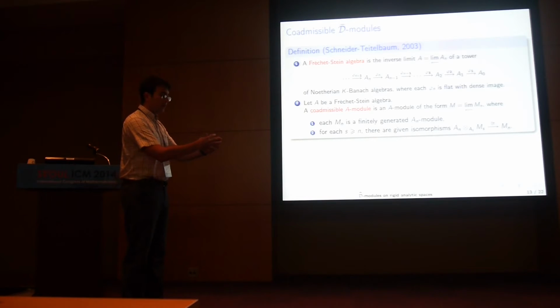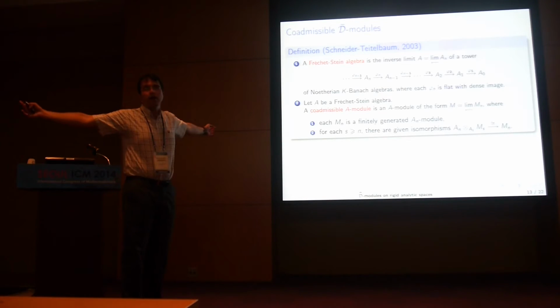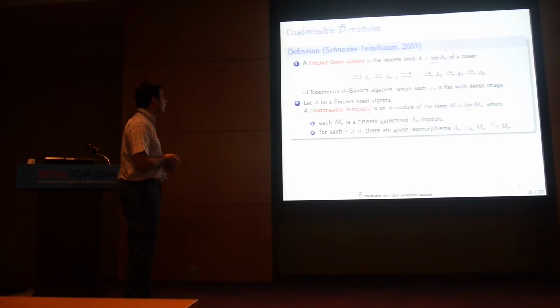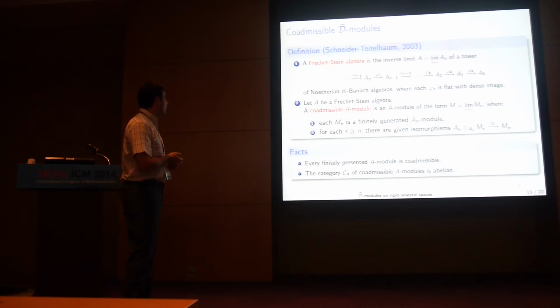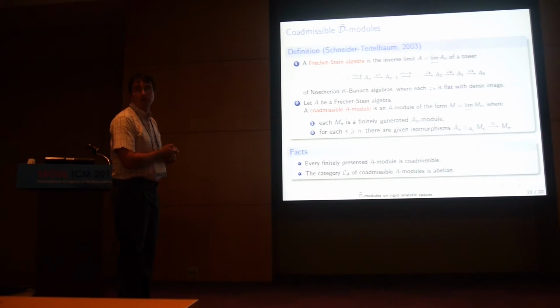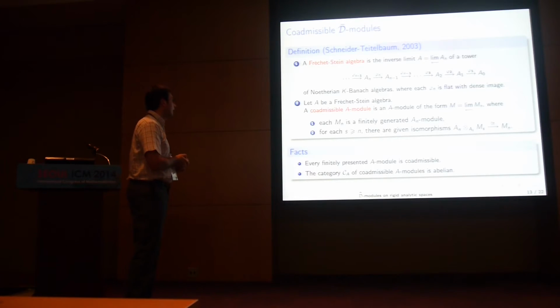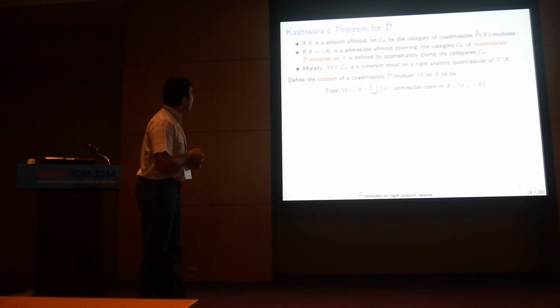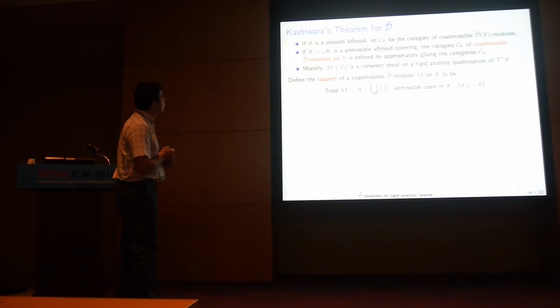Okay, so think of a coherent sheaf everywhere on the affine line. Every finitely presented module is coadmissible. This category is actually abelian. That's very nice. So you view it as a full subcategory of the category of modules. Okay, so that's what coadmissible modules are.